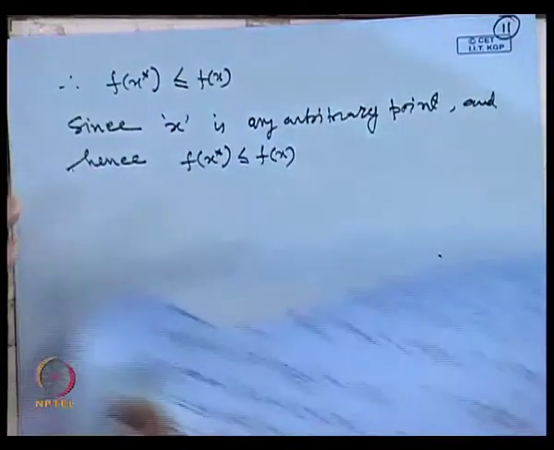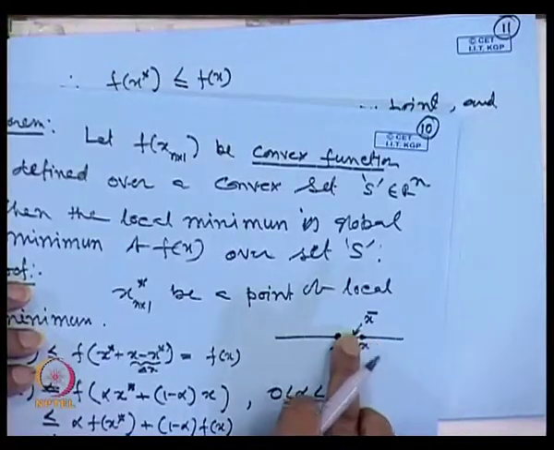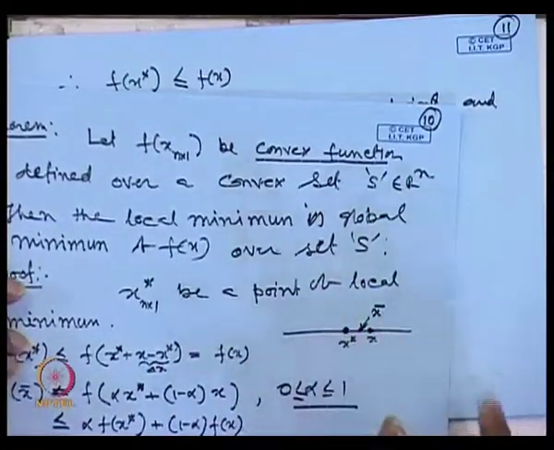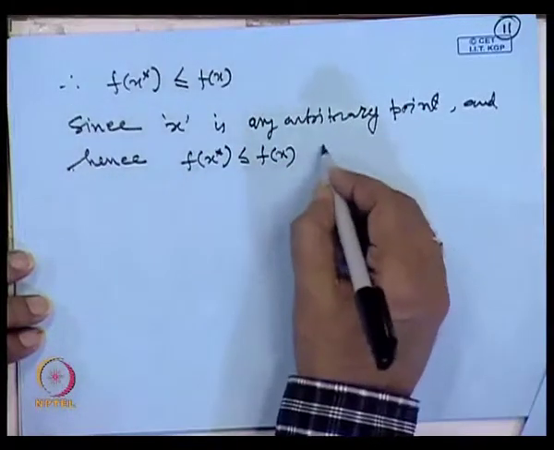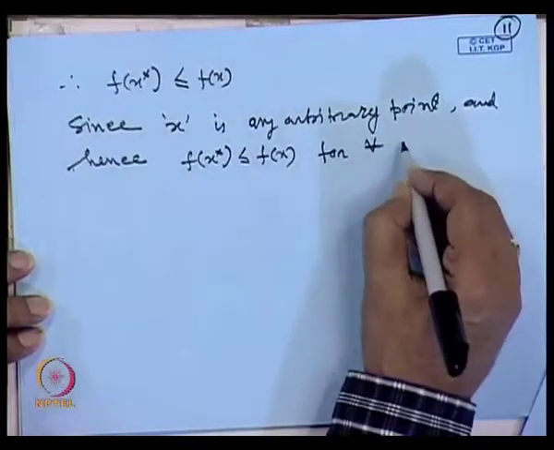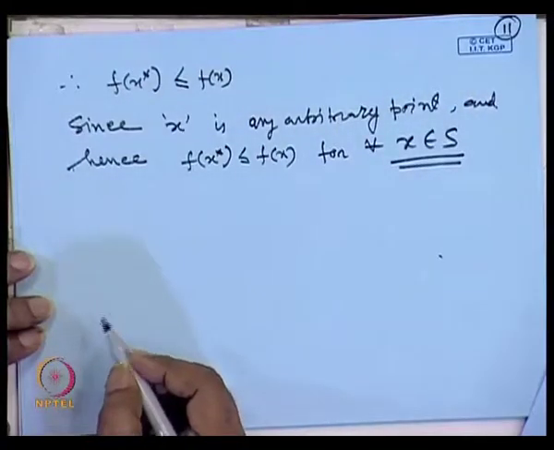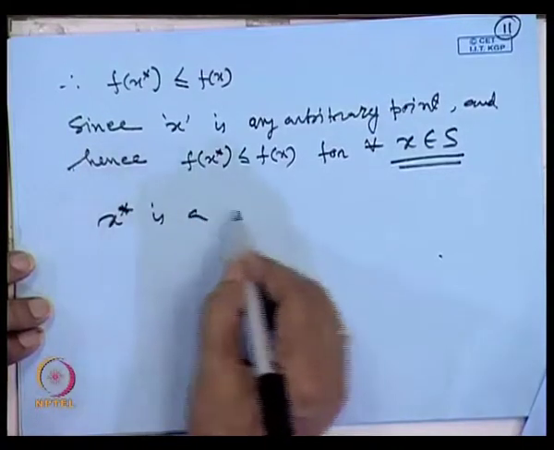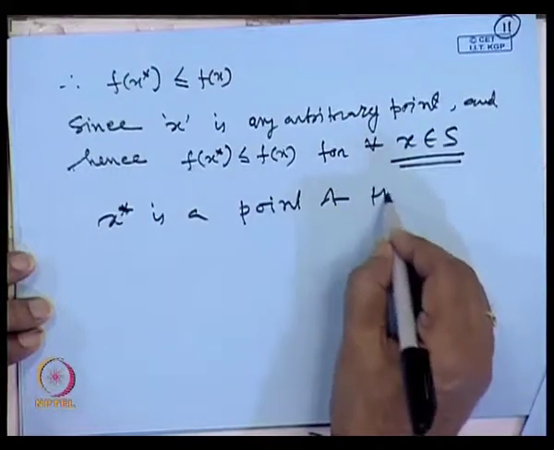See this one, x is any arbitrary point. It may be here also, on this side, because it belongs to that set. So, we can write this for all x belonging to that set. Our conclusion is that x star is a point of global minimum.